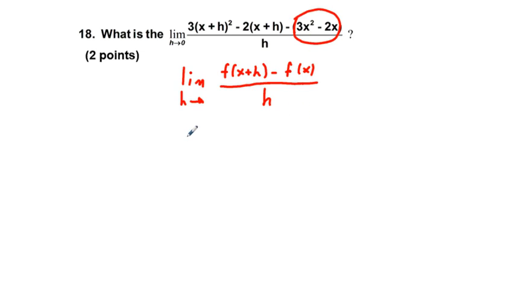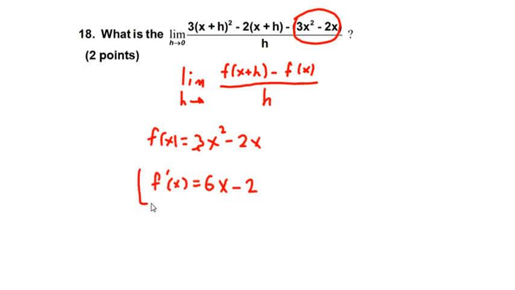Sometimes they'll not have this in parentheses and make it a little more complicated, but here f of x is going to be equal to 3x squared minus 2x, and therefore f prime of x is going to be equal to 6x minus 2.